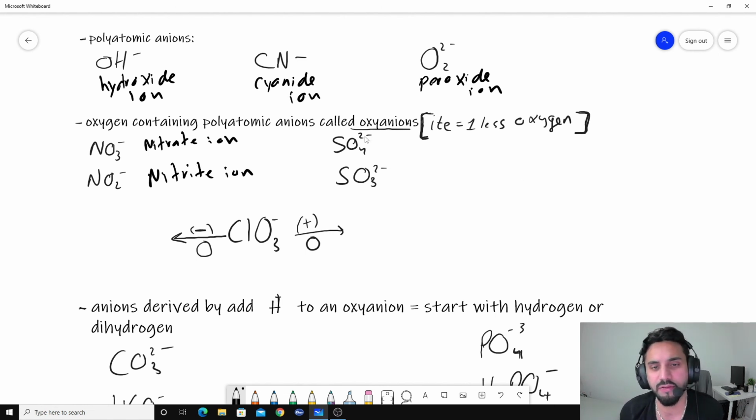This is sulfur with four oxygens, and the common name for this molecule is sulfate ion.